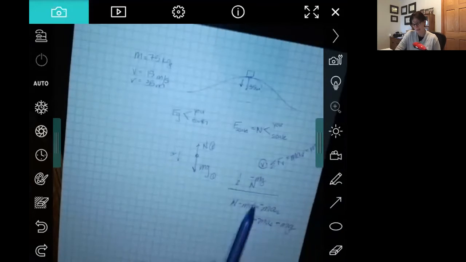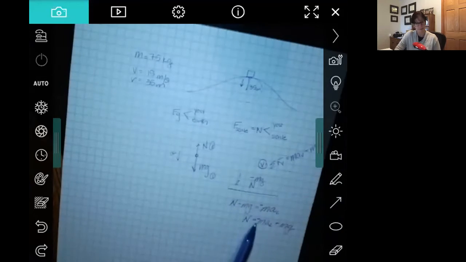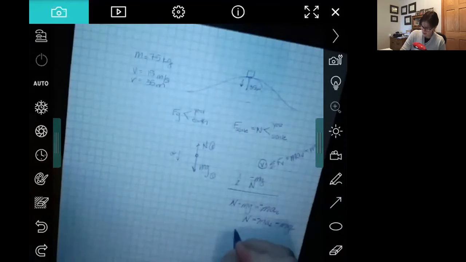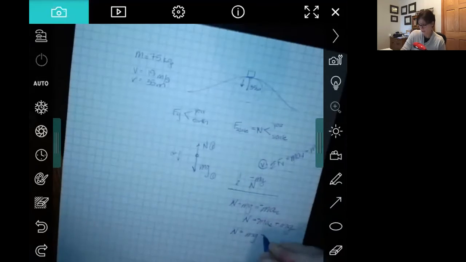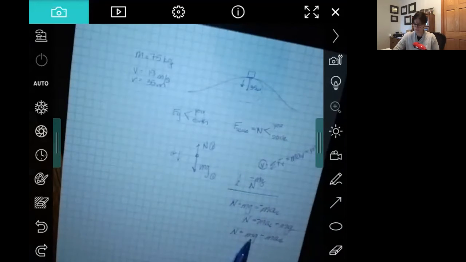I missed that up here, I apologize. But as I looked at this relationship, I knew that there was something wrong about this. That acceleration had to be negative because the direction is downward. All right, so the normal force, I'm going to flip-flop these so they look more like equations we're used to seeing, is equal to the mass times gravity minus the mass times the centripetal acceleration.